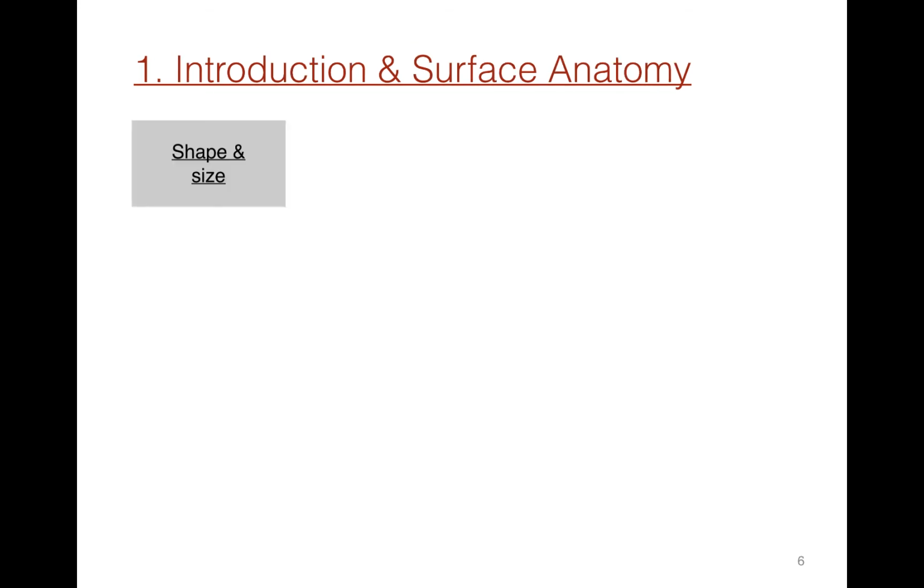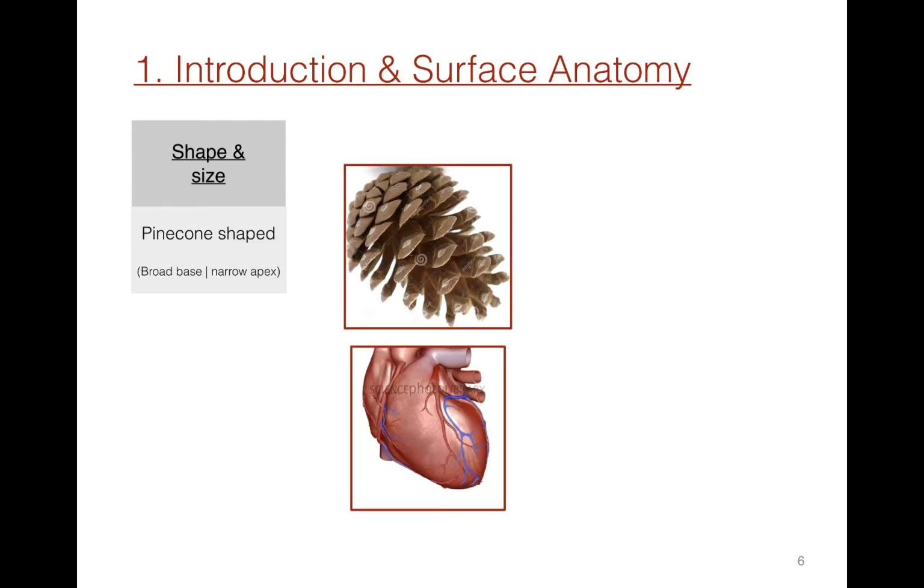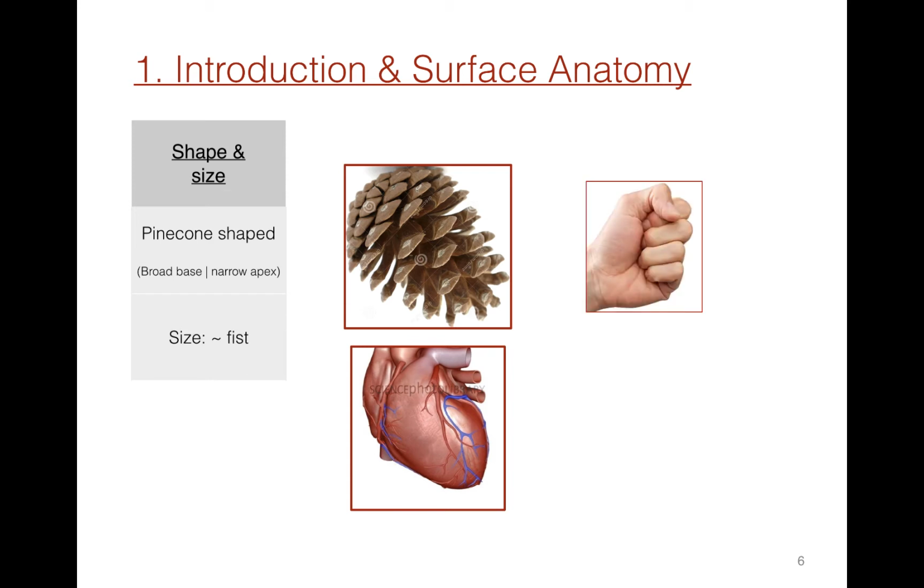Size and shape of the heart. The heart is somewhat pine cone shaped. That is to say, it's broad at the base and narrow at the apex, and its size, generally speaking, is about the size of a clenched fist.